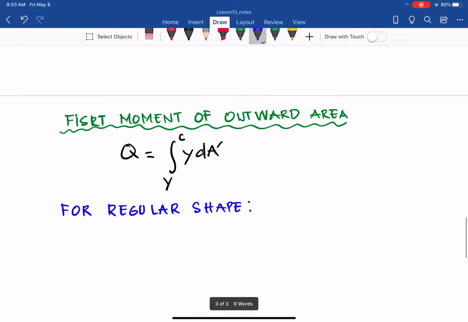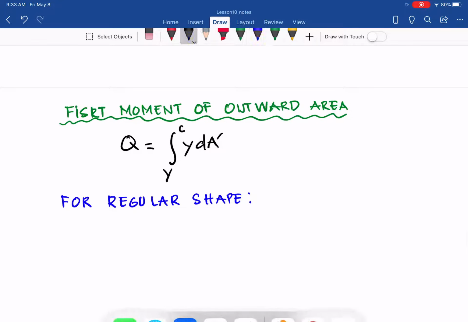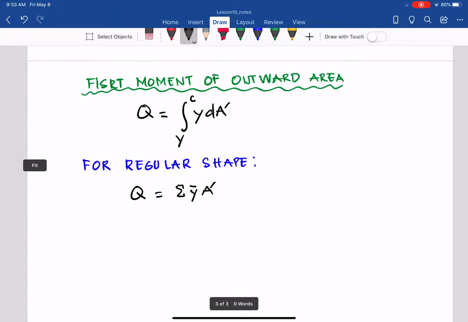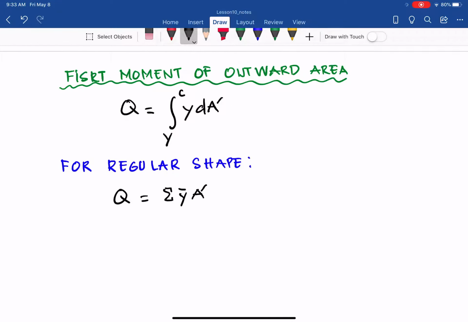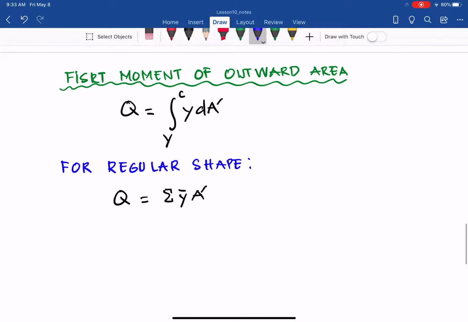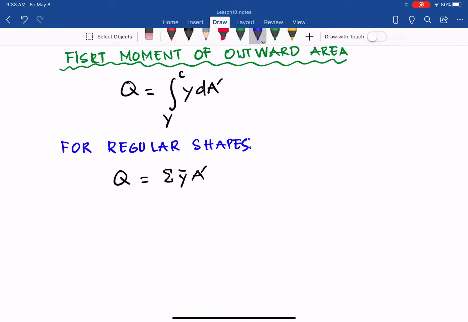For regular shapes, Q equals the sum over all the standard shapes of y bar times A'. So instead of integral, we just break the shape down into regular standard shapes and then find the sum. That's much easier than taking the integral.